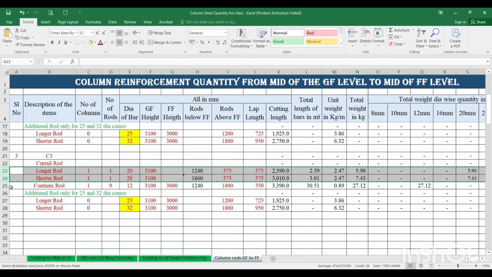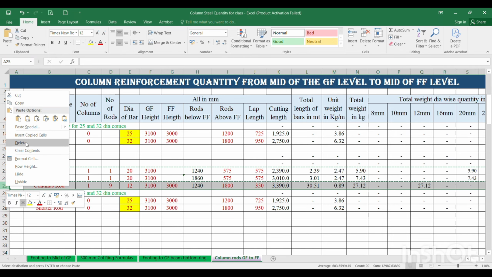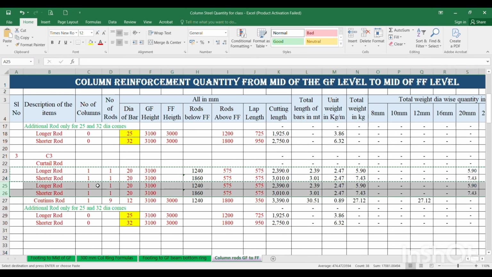Control C, and immediately below you can enter another these two lines over here for the 16 dia. As it is, number of column is 1, and number of rods out of 7 rods, make it 4 rods longer and 3 rods shorter, and dia of the rod is 16. Ground floor height is 3100. First floor height is not required.